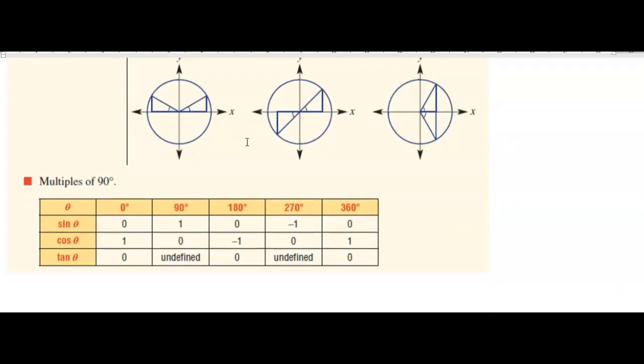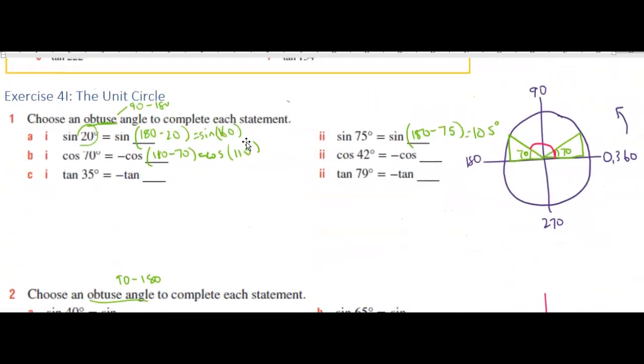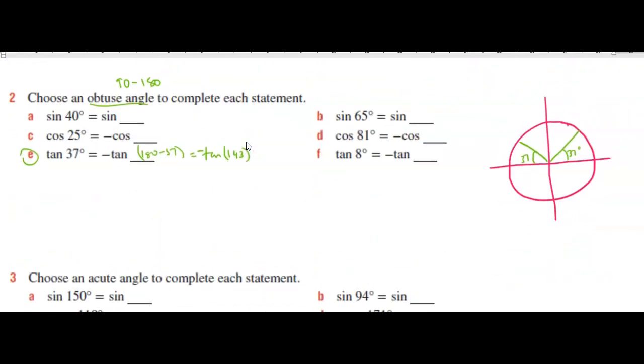And your unit circle, because it's a circle, will keep going. You can keep going around this circle and find more answers. So even though we're looking for an obtuse angle only in the second quadrant, tan is also negative in this quadrant here in our fourth quadrant.